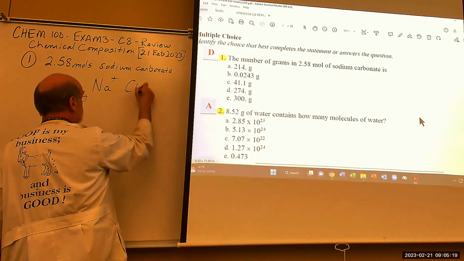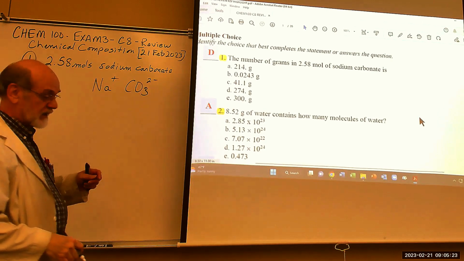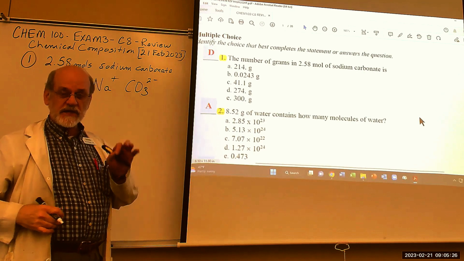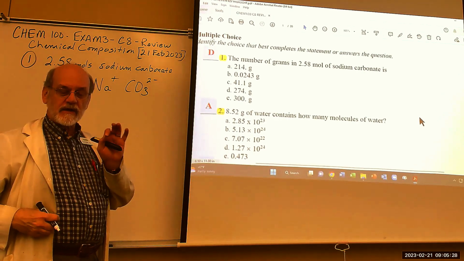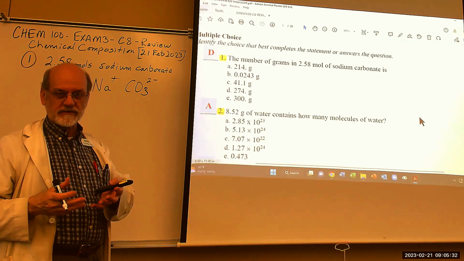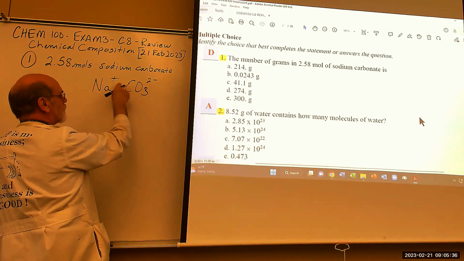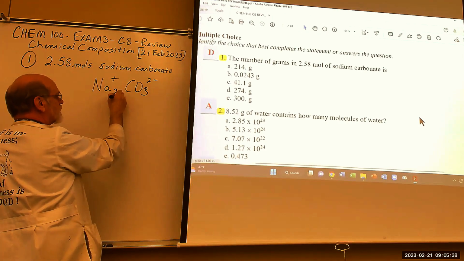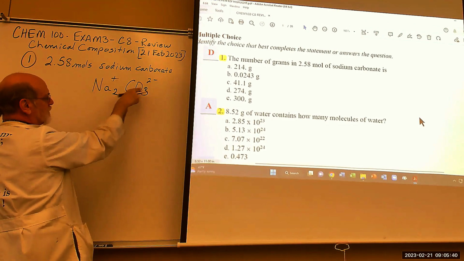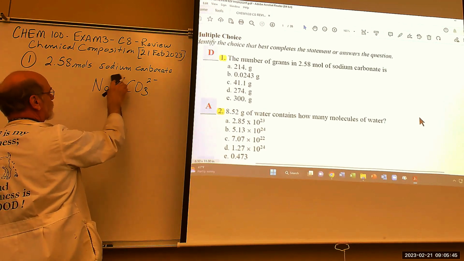Carbonate is CO3 with a 2- charge. So with type 1 and type 2 compounds, you balance the charges so that the entire compound is neutral. Balance the positives with the negatives. You have 2 minuses here, you have 1 plus there. That means you need 2 of these to balance that 2 minus. So there's your compound, Na2CO3.